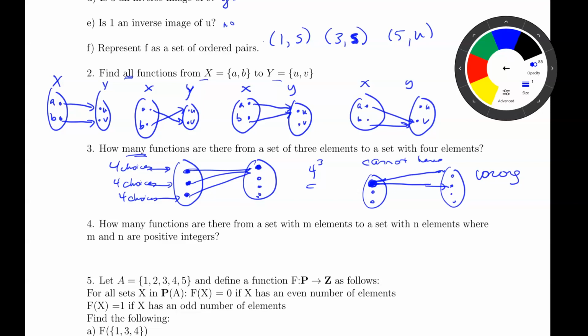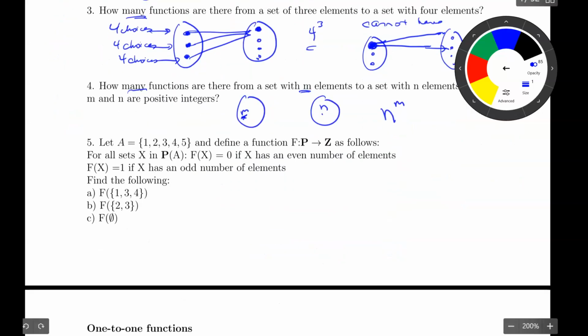Okay, so how many functions would there be? So let's generalize it from a set with m elements to a set with n elements. So for each of these m elements, I would have n choices, right? So each of these would have n choices. So I would have n to the m, right? And you can see this is like the 3 and the 4, right? All right. Beating that horse to death.